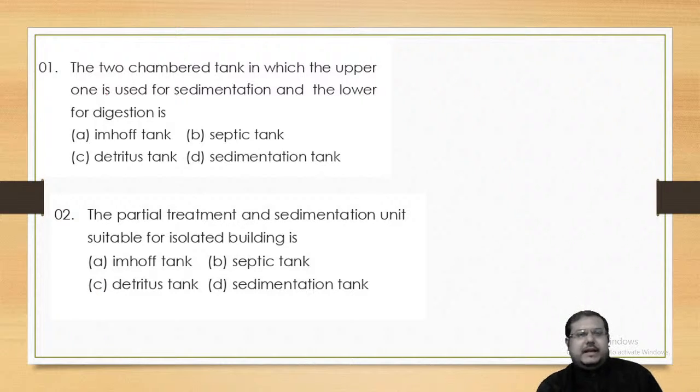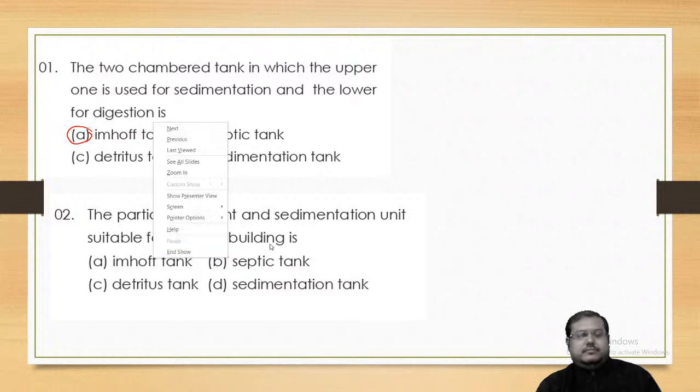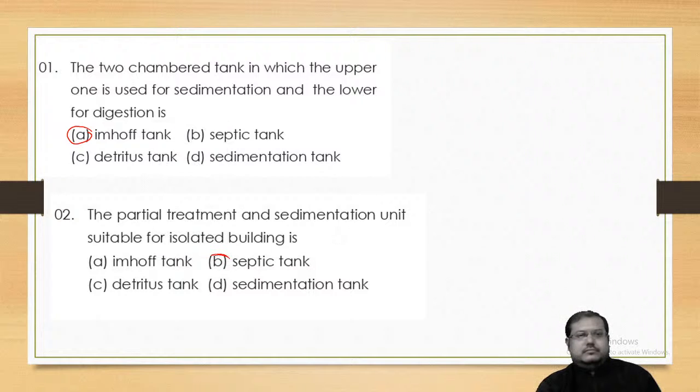The two chamber tank in which the upper one is used for sedimentation and the lower one for digestion is of tank. The partial treatment and sedimentation unit suitable for an isolated building is septic tank.